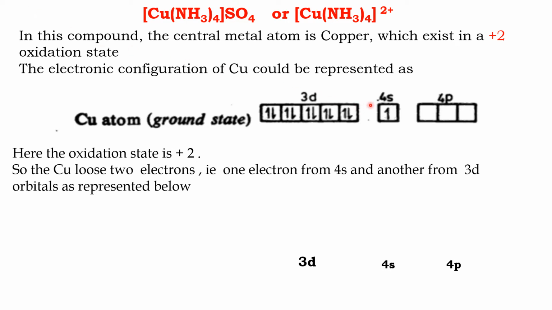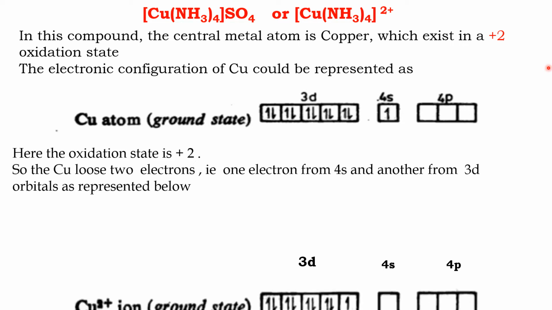From the 3d10 4s1 configuration, one electron will be lost from the 4s orbital and another electron will be lost from the 3d orbital.